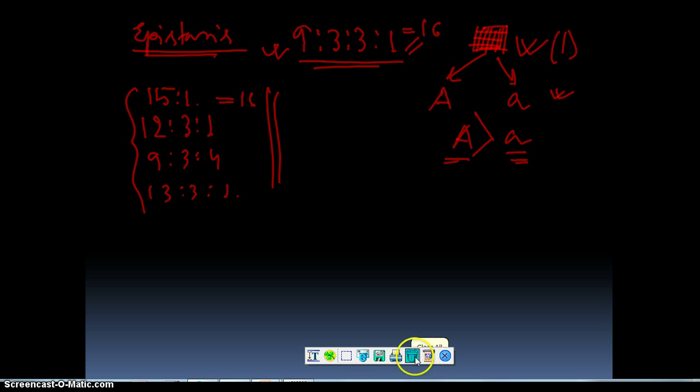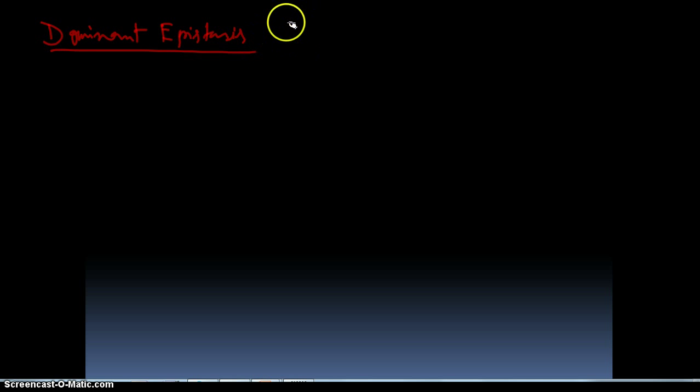Now let us go straight to epistasis, and there are different kinds that we will be discussing here. The first one is the dominant epistasis, and the ratio that we usually get is 12:3:1.